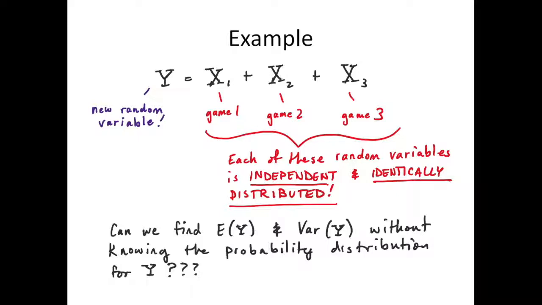What happens in game 2 is not affected by what happens in game 1, and identically distributed. Meaning each of these random variables has the probability mass function that we originally defined. Now, why do I need 3 separate versions of x here? Well, if I didn't have those subscripts and I just had x plus x plus x, treating those as variables, that's repeated multiplication, I could replace that by 3x.